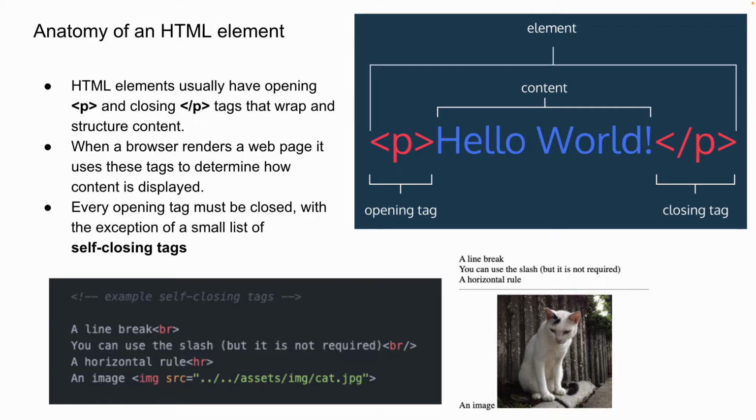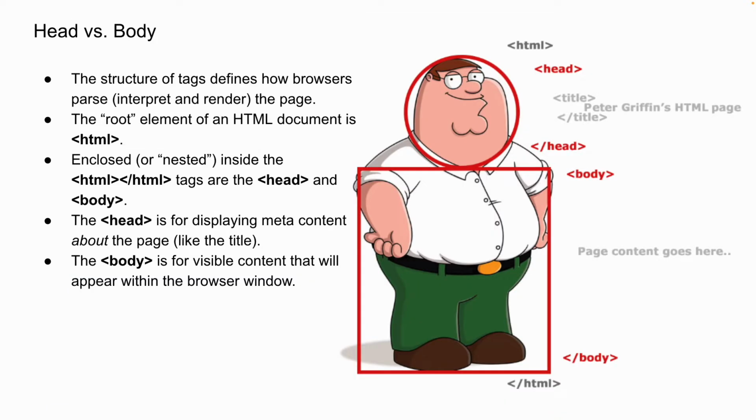When you see a closing slash, like on that BR tag, on the line break tag, you can do that. That used to be part of an old specification. It doesn't break your code now, but it's not required. So we typed HTML, that's our root element, and then we added a head and a body. The head is for all meta content.